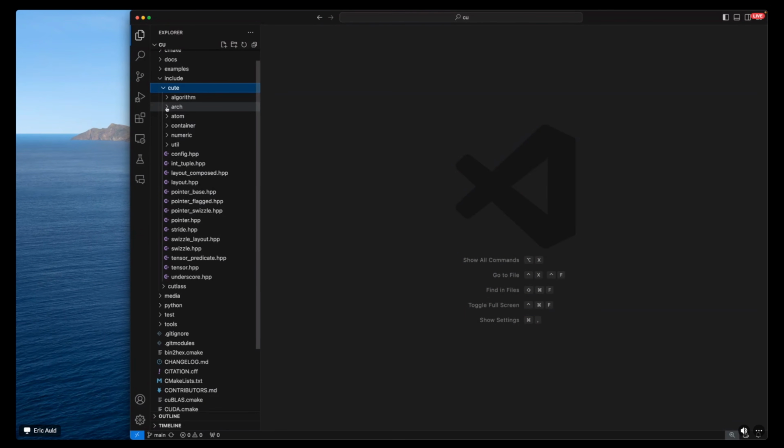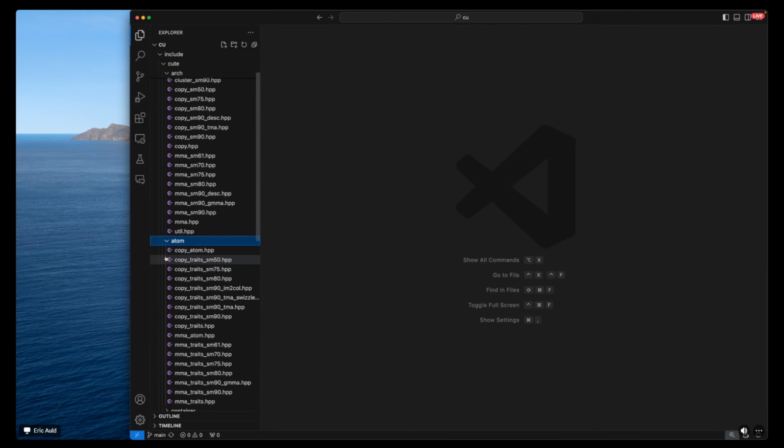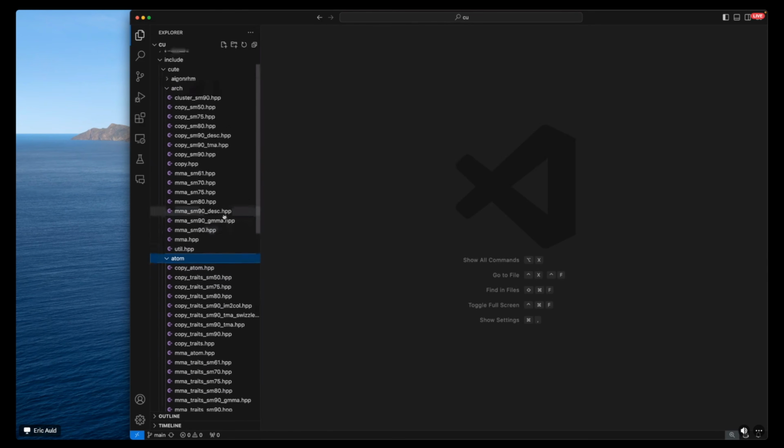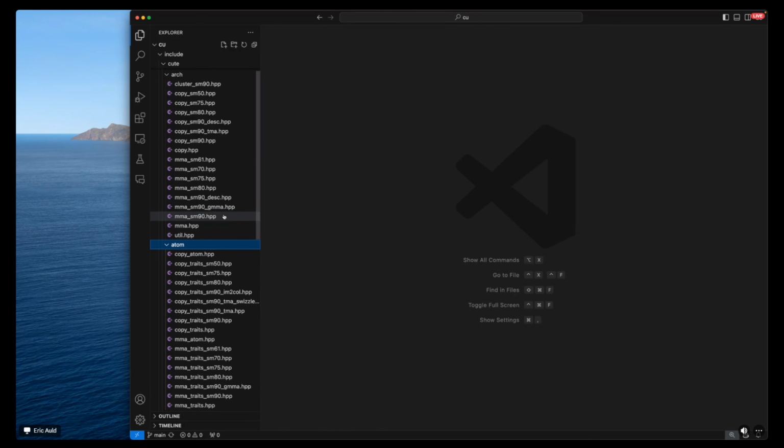The first place I want to guide your attention is to these two folders called Arch and Atom. So these kind of naturally come in, these are kind of dual to each other. I wish I had just a little more space on my screen, but I don't. Okay, so let's look at this Arch folder here. We see that each of the two folders, Arch and Atom, have two subfolders, almost, they're not actual folders.